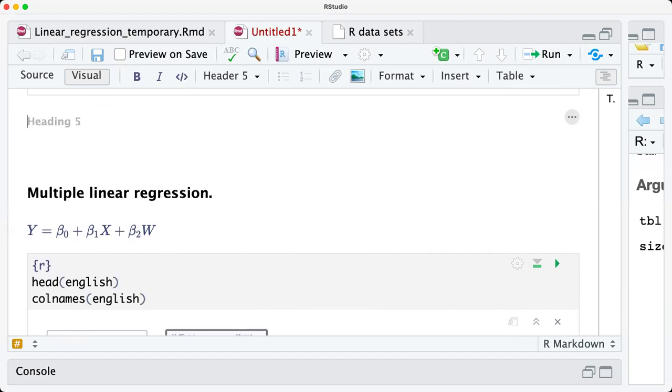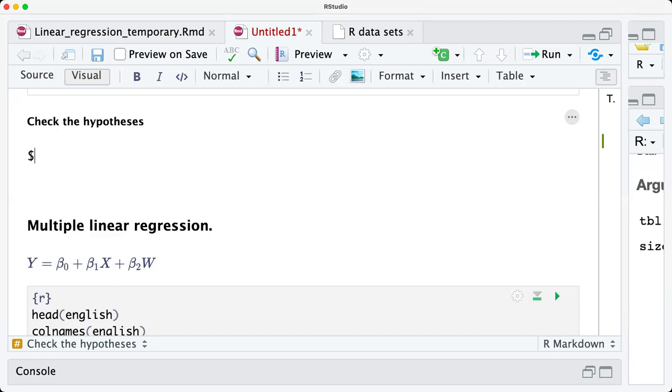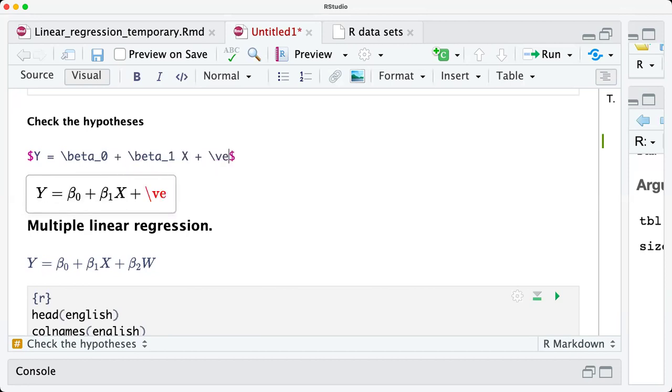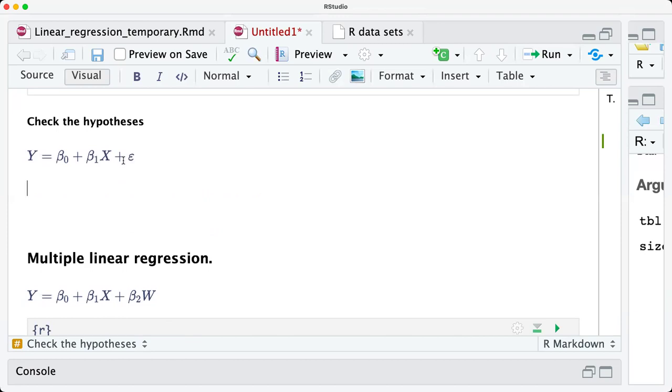Specifically, we made the hypothesis that y is of this form, plus a noise epsilon.